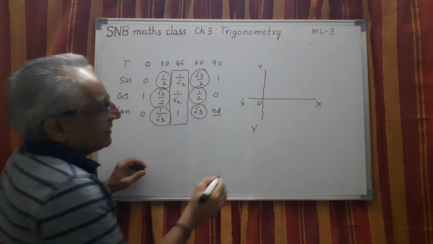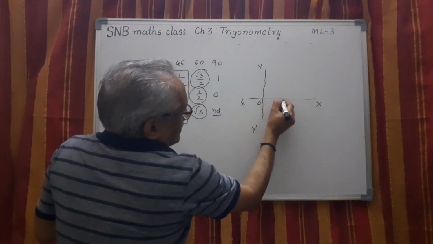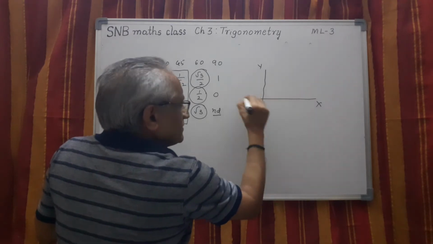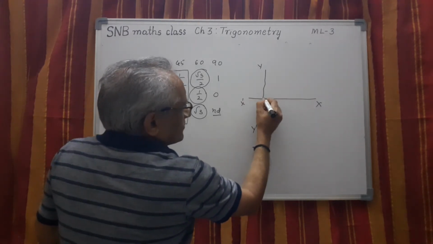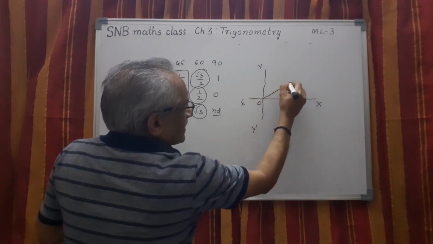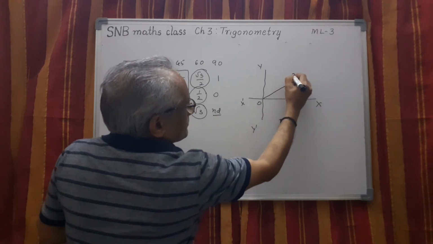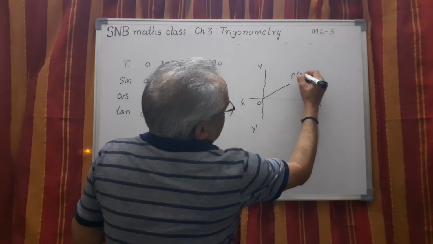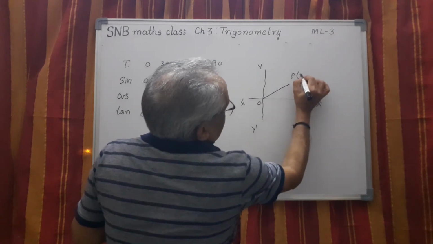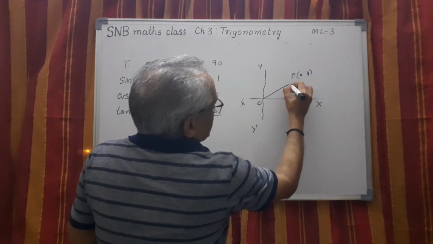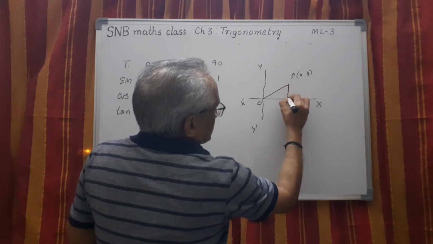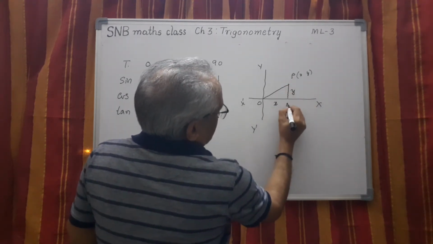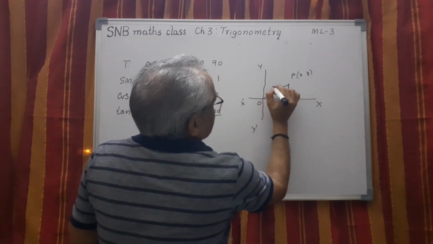Imagine I am taking a unit circle, of course, unit circle need not be taken. You take a line segment, say OP. Any line segment. Let us say this point is x, y. Meaning, if you draw the perpendicular here, this is x, this is y, this is M. Let us say this is r.